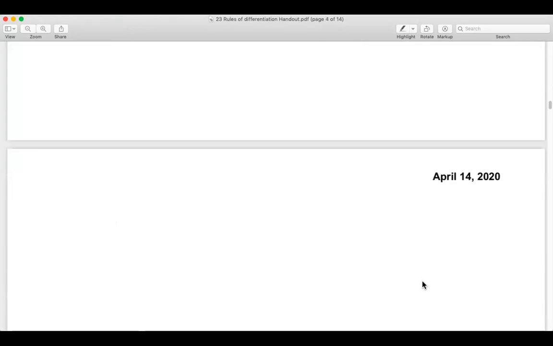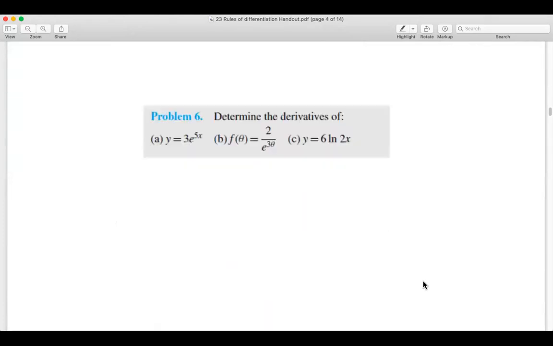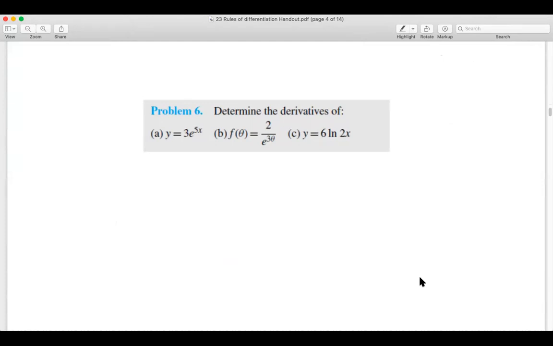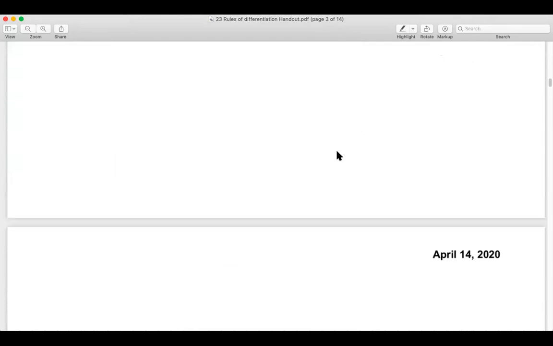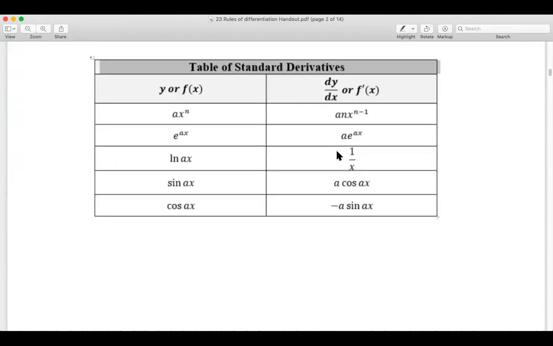So we move on now. Have a look at these ones. We've got an exponential function, 3 times 5 e to the 5x. We've got one where the exponential function is on the bottom of a fraction, which we might need to have a little bit of a think about. And we've got a natural log function. We've got those entries in the table.